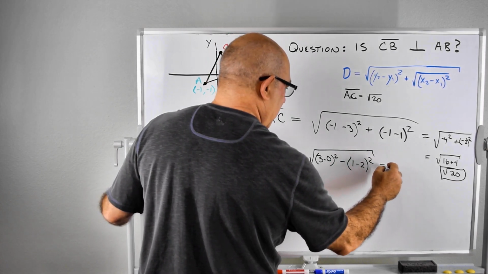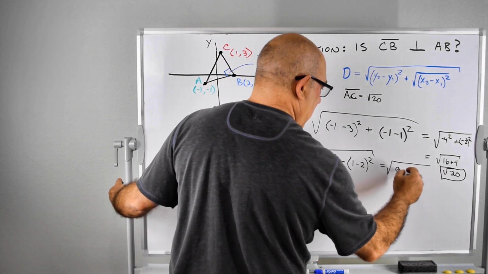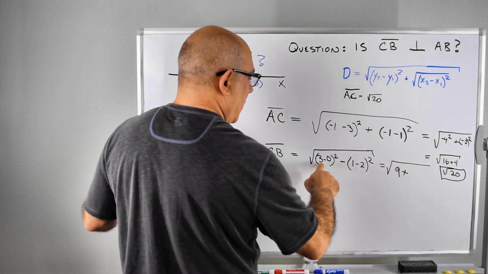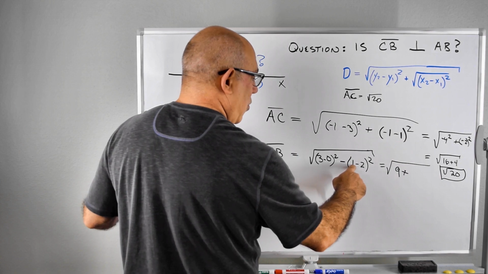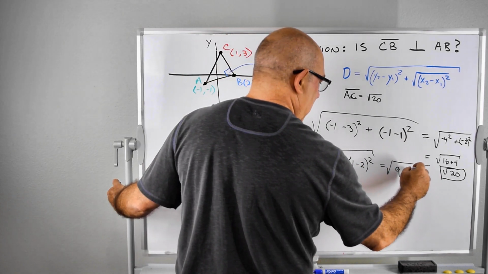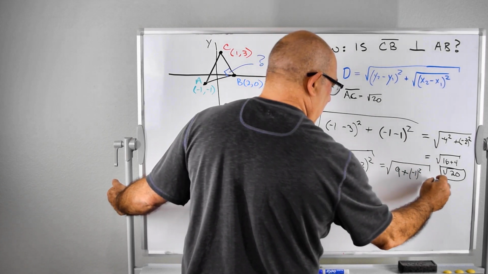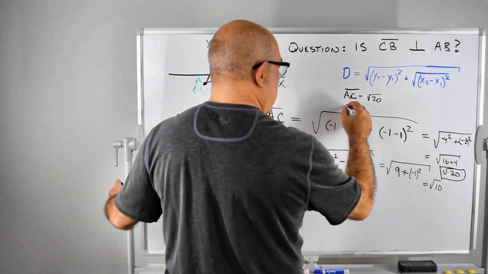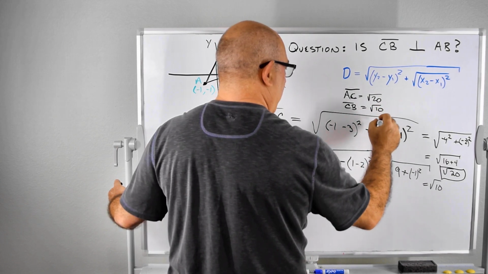And that equals the square root of 9 plus, so 3 squared is 9, sorry, and then 1 minus 2 is minus 1 squared, and that equals the square root of 10. All right, so CB equals the square root of 10.